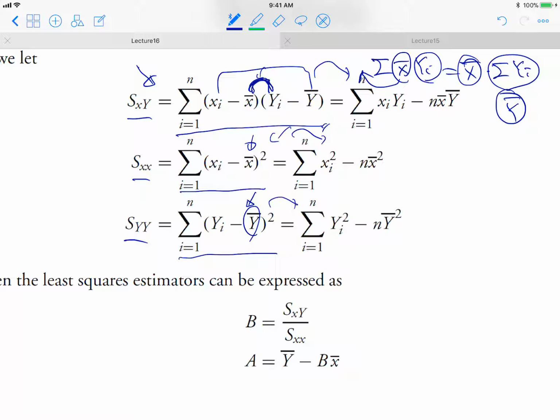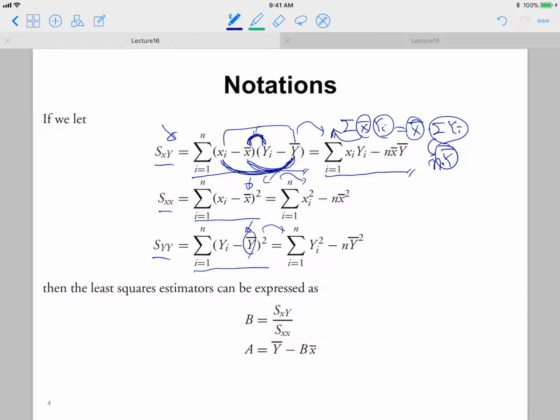And so the product of the sample means of x and y. Okay, and then this cross term will also be the same. And then we also have this part. So altogether, we will obtain this guy. So in this case, it will be n times the sample mean of y, right? Okay, so these are the ones that we already studied.